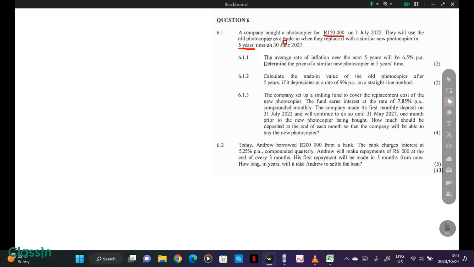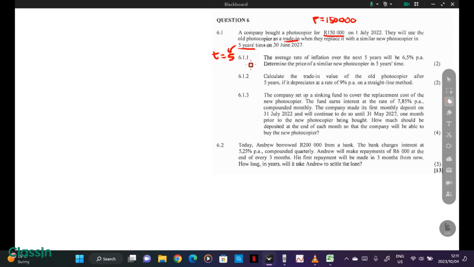But we also have the term trade-in. If I analyze this, it means that we already know the price, the value of P for the photocopier, is 150,000, and that this trade-in will take place after 5 years, meaning that T is 5.